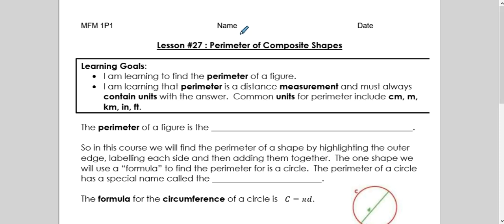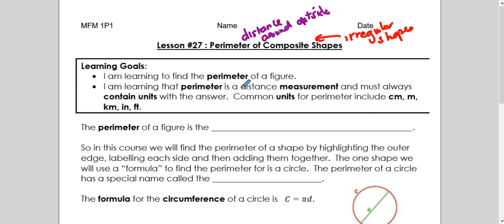So perimeter means distance around the outside. And composite shapes means they're irregular. So that's what we're going to look at.